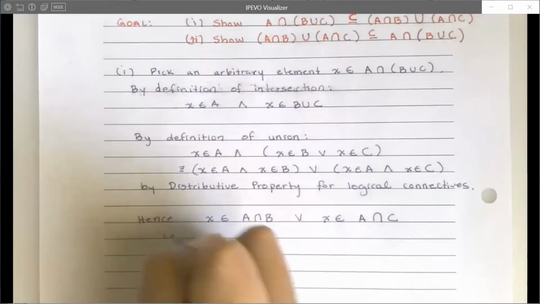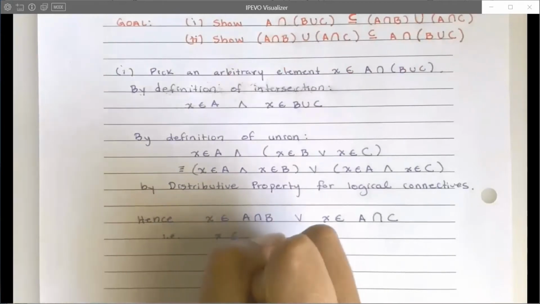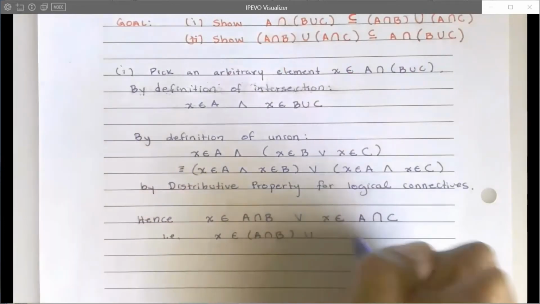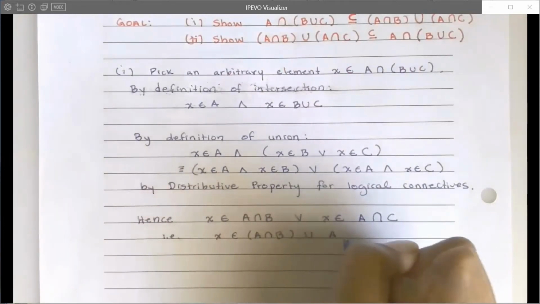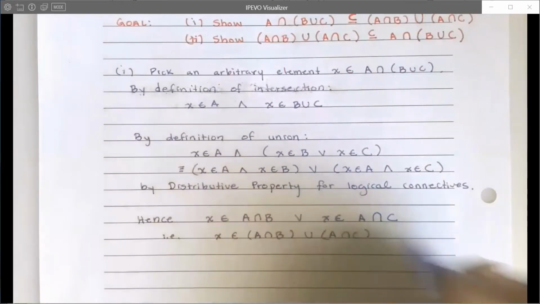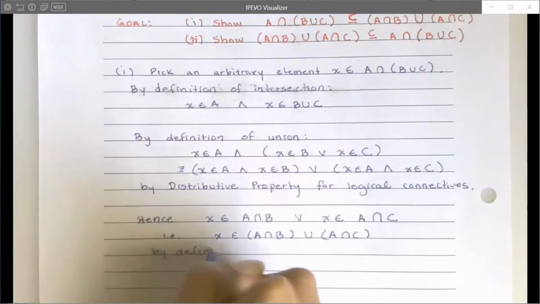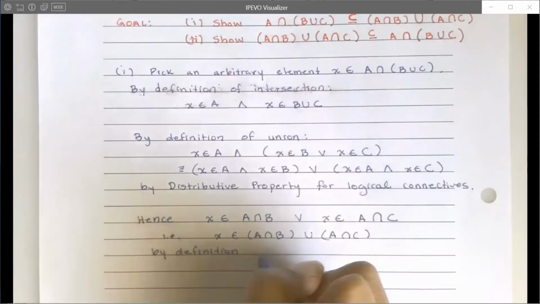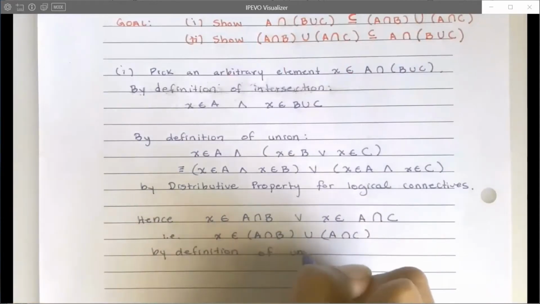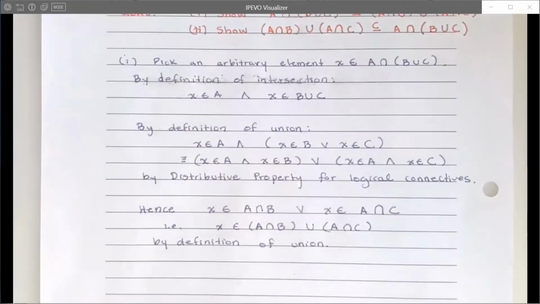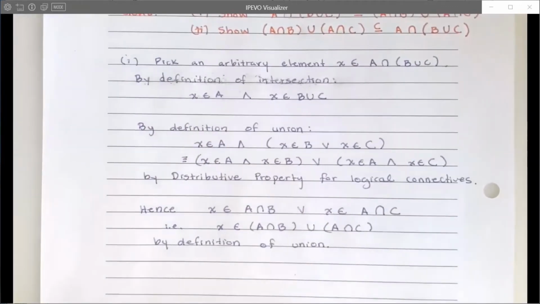So, i.e., x is in the union of A intersect B with A intersect C. And this is by definition of union again. Okay, so what have we shown so far?